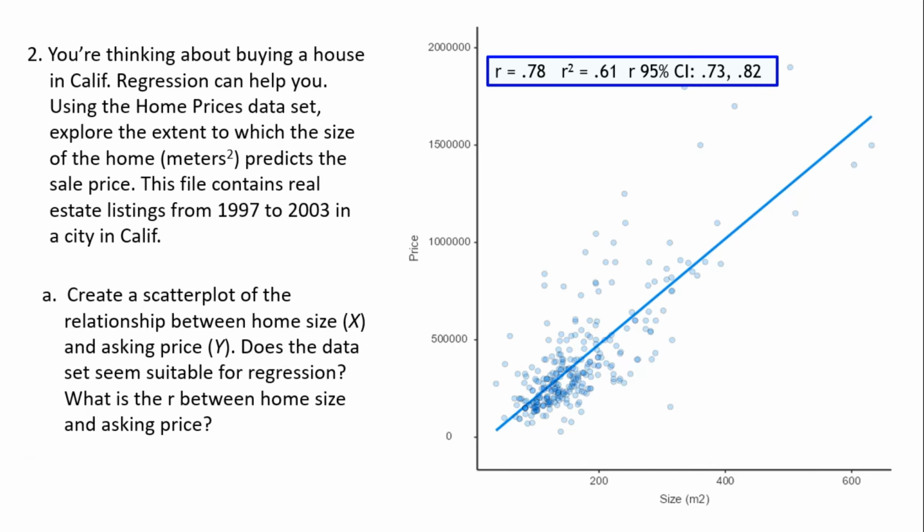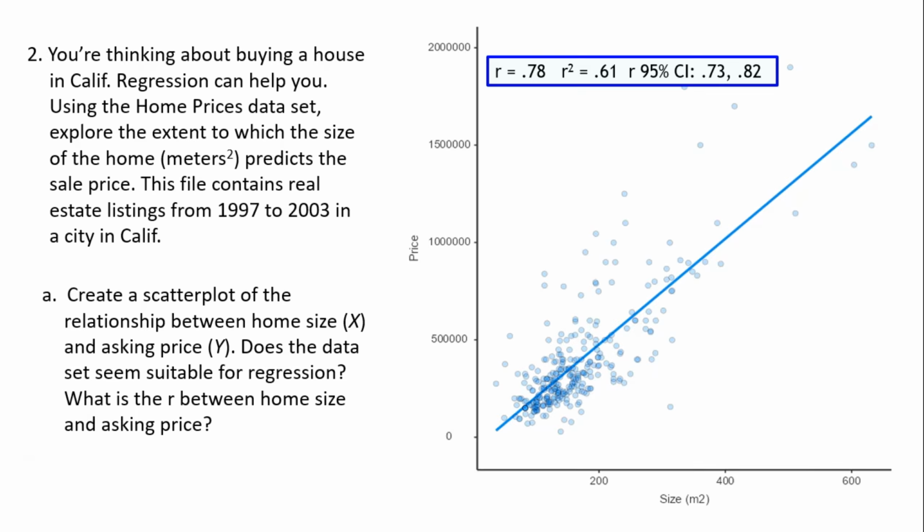So it's not a direct perfect relationship, and the reason why is as the size goes up, the price goes up. But there are other factors that go into having the price be higher or lower than just the size of the house, for example, the condition of the house.